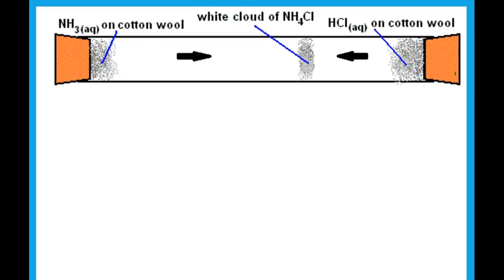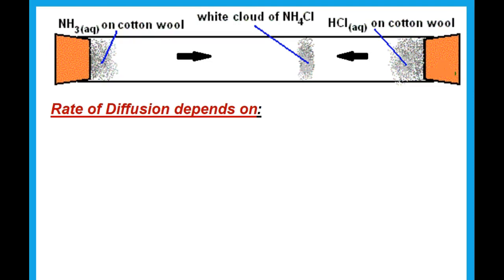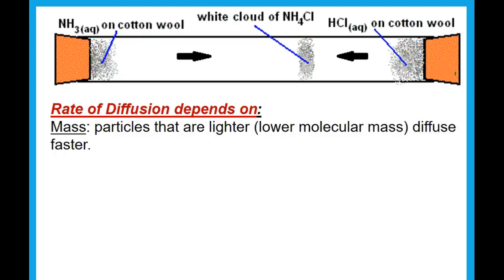So that means that the ammonia particles are lighter, lower molecular mass, so they diffuse faster. So what affects the rate of diffusion? The main thing is the mass of the particles. The particles that are lighter, lower molecular mass will diffuse faster.